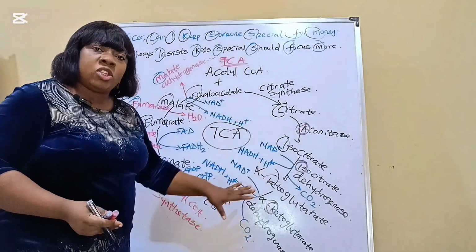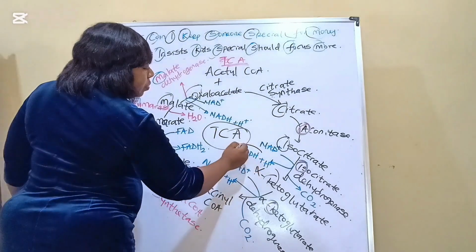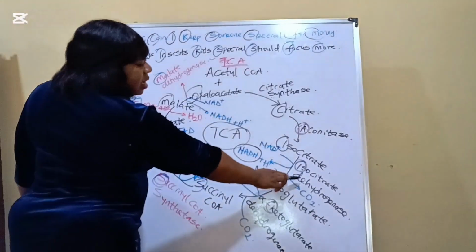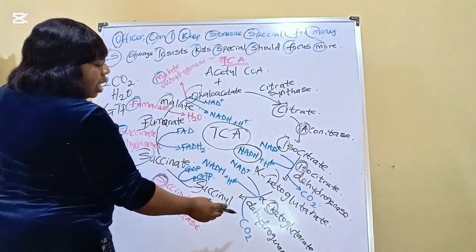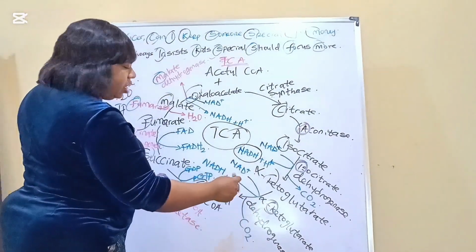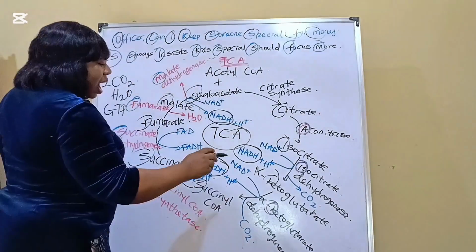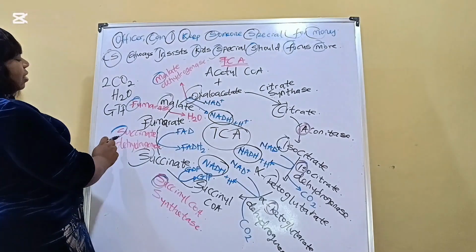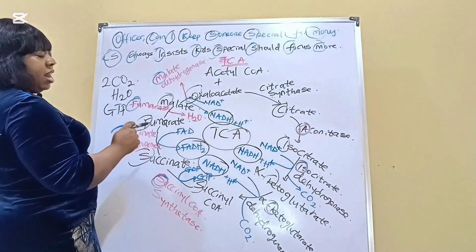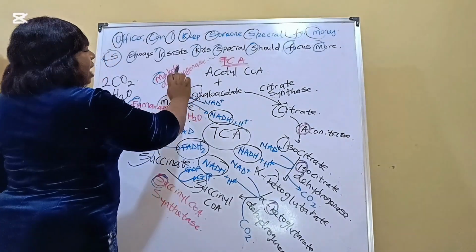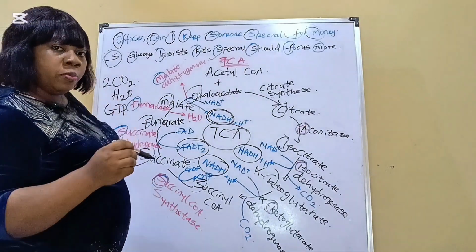At isocitrate dehydrogenase, we have one electron carrier. At alpha ketoglutarate dehydrogenase, we have another electron carrier, making two. At succinate dehydrogenase, we have another, making three. Then at malate dehydrogenase, we have another, making four.